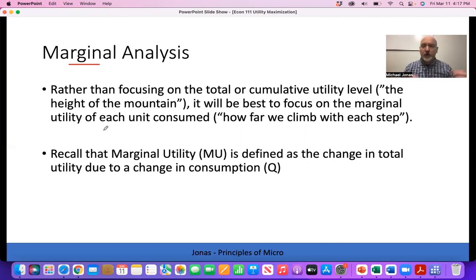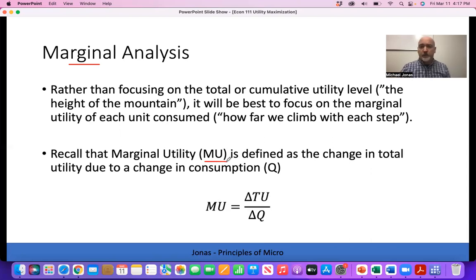So in this case, since we're talking about utility or happiness, marginal utility, MU, will be defined as the change in total utility due to a change in consumption. Again, it's just saying, how much benefit do I get for that one extra unit consumed?